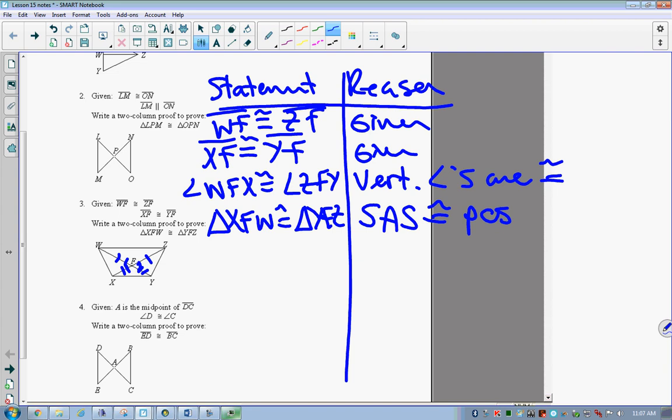congruency postulate. So talking about those congruency postulates now becomes really important because I can't just make it up. It has to be those things, right? And if I know that I have those things, proofs are really just kind of like having a mathematical toolbox, right? If you know how to use the tools that are in that toolbox, it makes the job a lot easier.